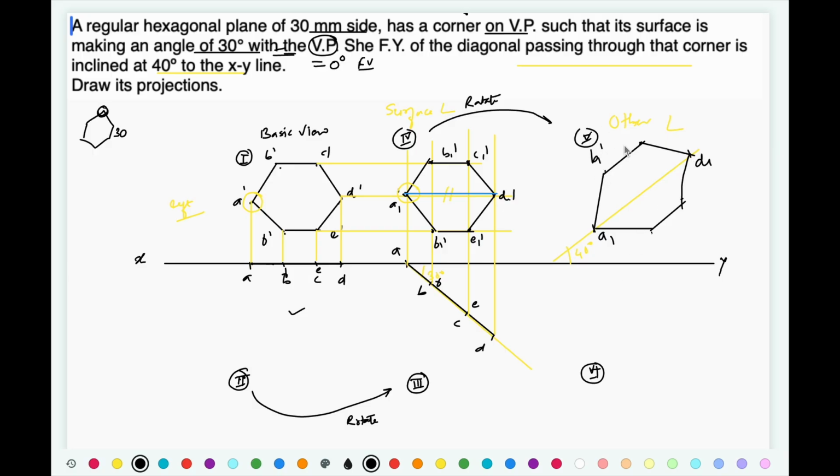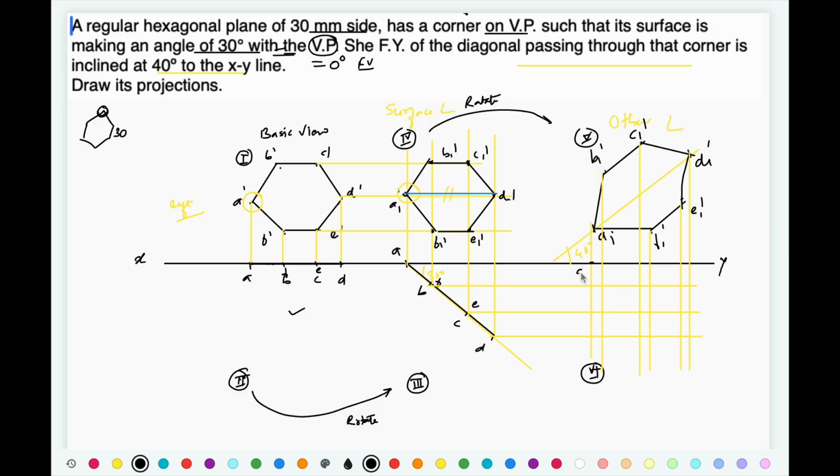So this is B1 dash, C1 dash, D1 dash, E1 dash and F1 dash. Finally, project all the points for the top view. Project all the points from here also. Connect the respective points.